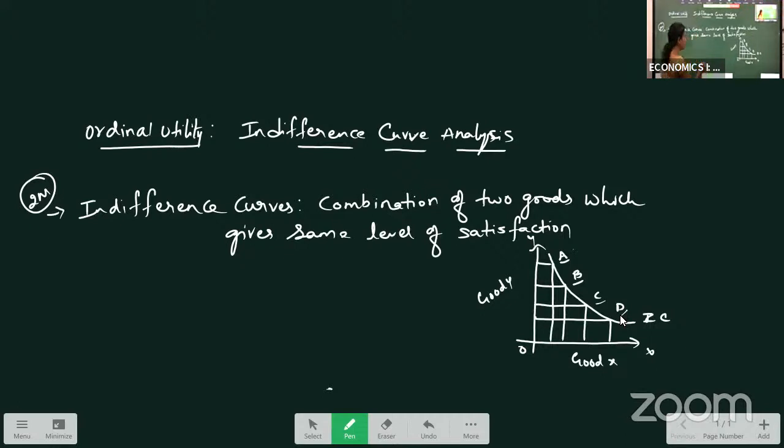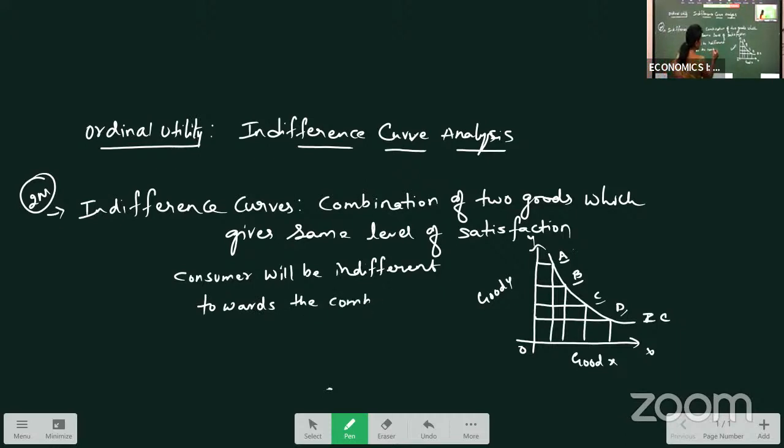As they give the same level of satisfaction, the consumer will be indifferent towards the combination. Why is he indifferent?